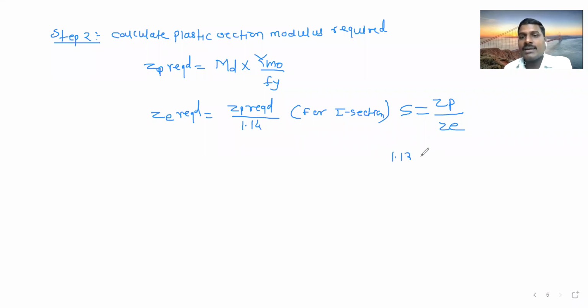Write 1.13 or 1.14, either is fine, no problem. So in this way, if we calculate the ZP, from ZP we can calculate ZE by using this. Got it everyone now? How we can calculate ZE in this step?